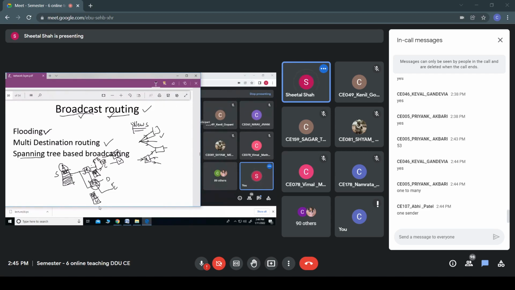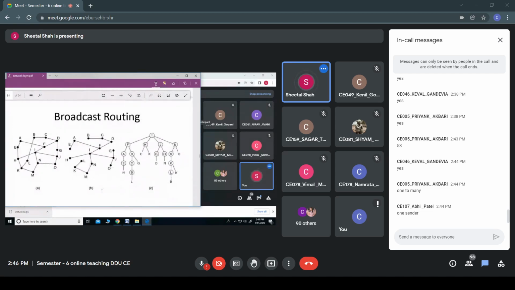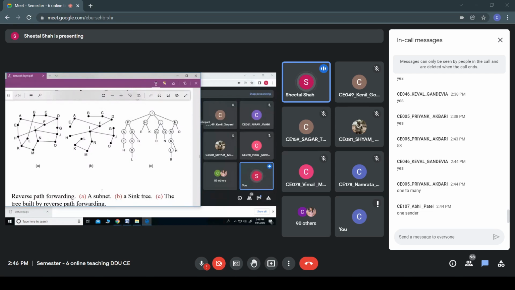Then comes one more type of broadcasting, which is known as spanning tree based broadcasting. What do you mean by spanning tree? We have studied the spanning tree. So for example, say suppose this is a spanning tree of a given network.